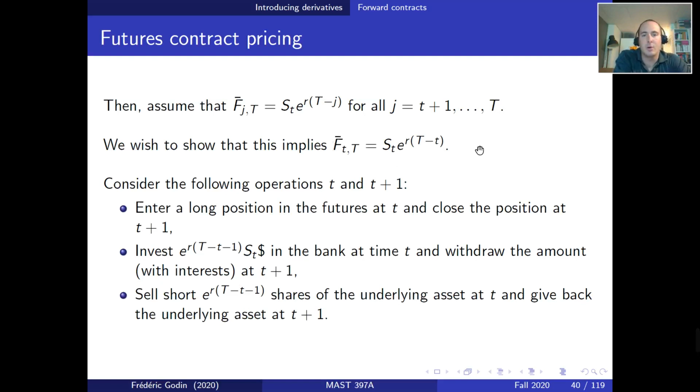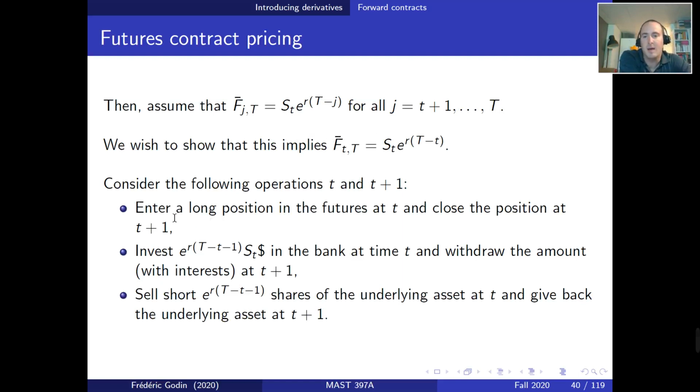So let's make this assumption that for all j strictly greater than t, this formula holds, and then we want to show it for t. To do that, let's consider applying the following financial operations between time small t and time t+1.